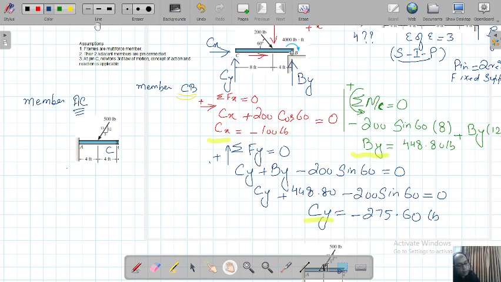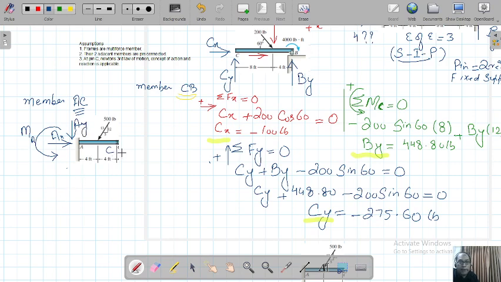Since it is a fixed support, we will draw three unknowns. This is Ax, this is your Ay.